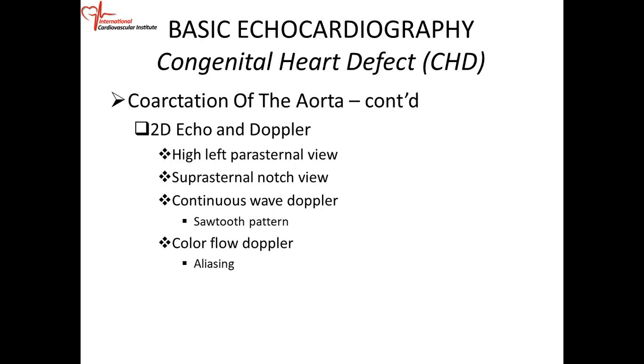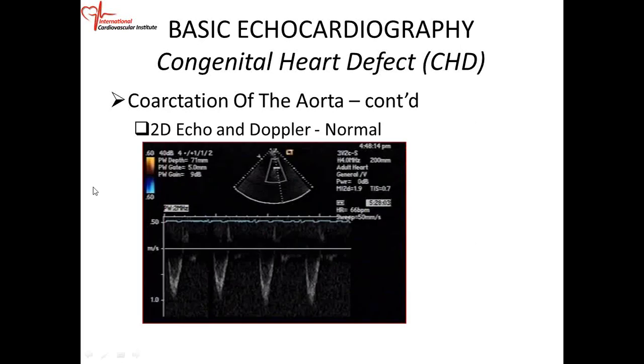So if you get a sawtooth pattern, there's an obstruction, so coarctation, and the color flow will show aliasing. So in your routine study, you need to know what the normal looks like. So when you get something abnormal, it stands out readily.